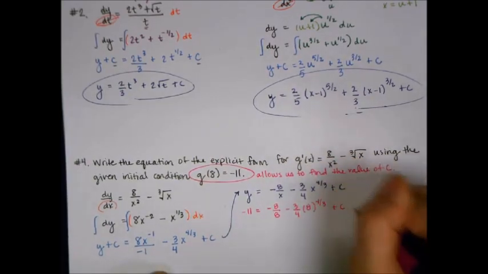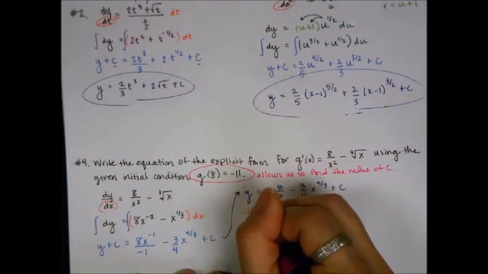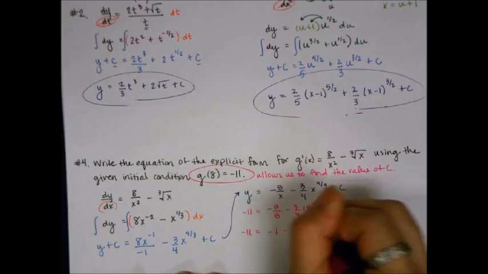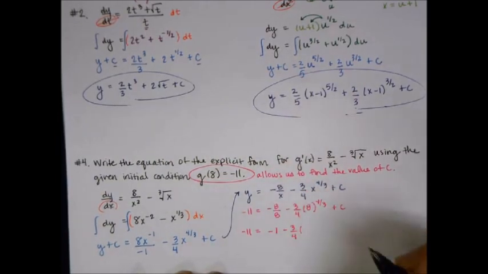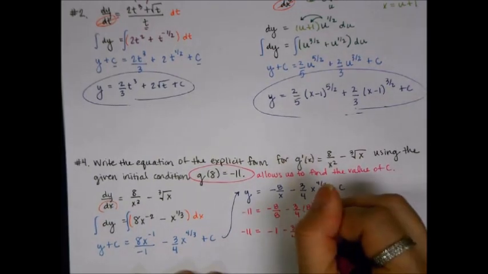So we hope that we did this right so that this value works out pretty nicely. This is -1 minus 3/4 of some number. So the cube root of 8 is 2. 2 to the 4th power is 16. And we just keep working on simplifying this.